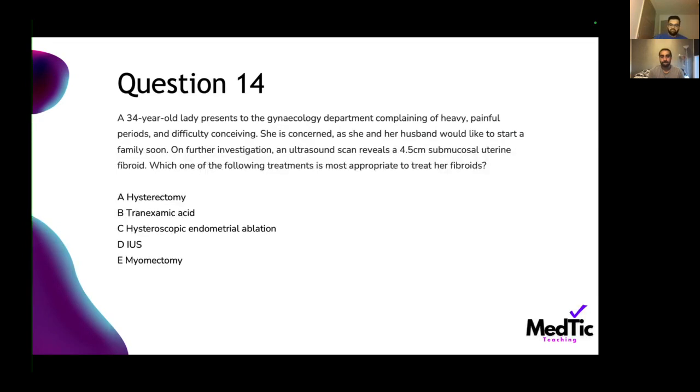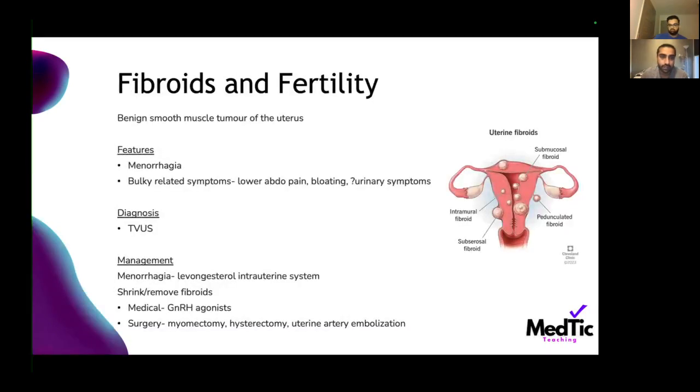Most people are saying E, and we've got a couple for B as well. Cool. Okay. So the answer is E, and I'll walk through why. So it is to do a myomectomy.